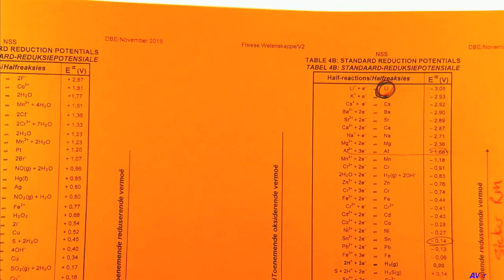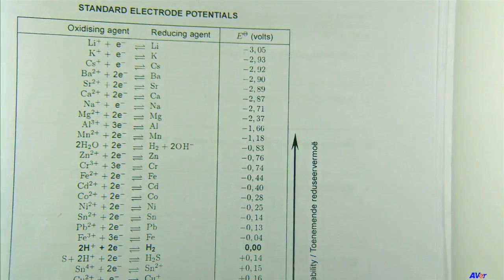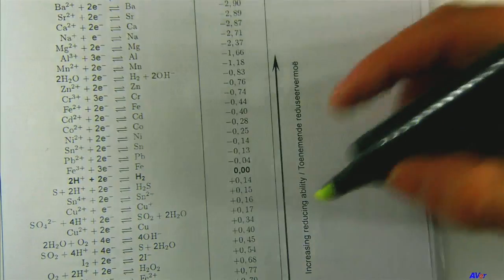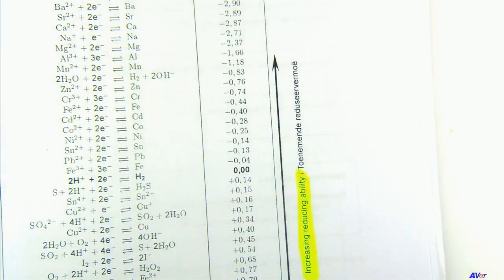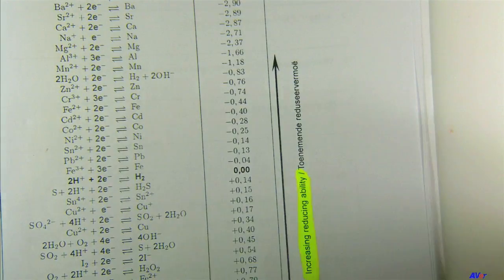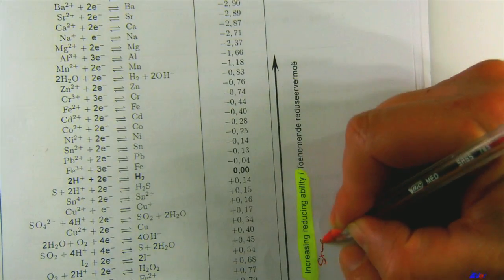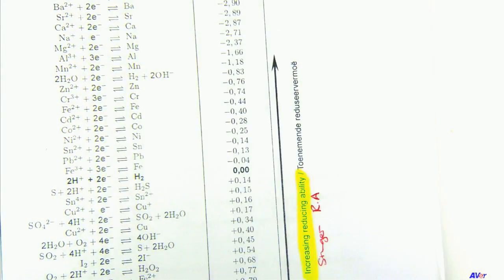No. So if we can't use higher or lower, what should we say? Now, if you go back to your table, they have wording that is horrible. You can't understand it. But look at the side there. It says increasing reducing ability. I would like to substitute that and say the stronger reducing agent to the top. Do you see that arrow?